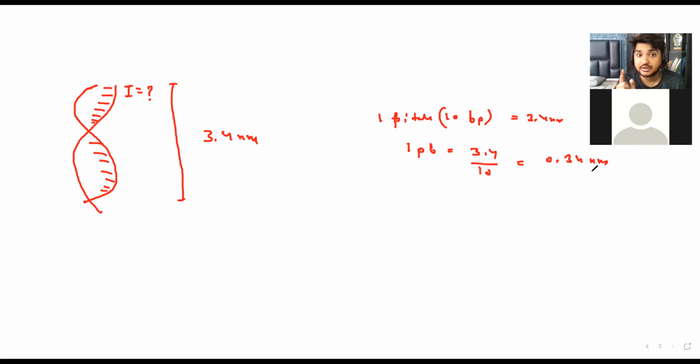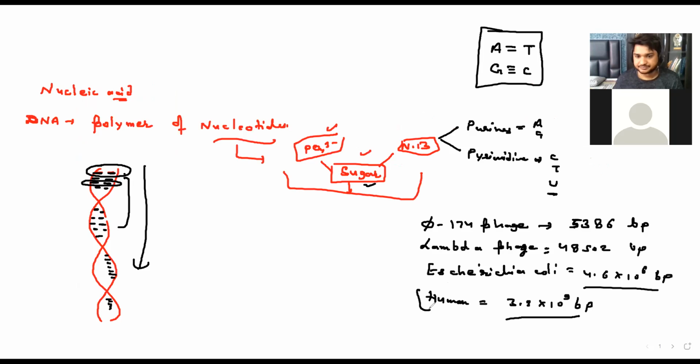If you know the total base pairs of the human, because one base pair covers that distance, you can calculate the distance of the DNA, which is so long. If I talk about E. coli, I told you at the first page these are the base pair numbers.